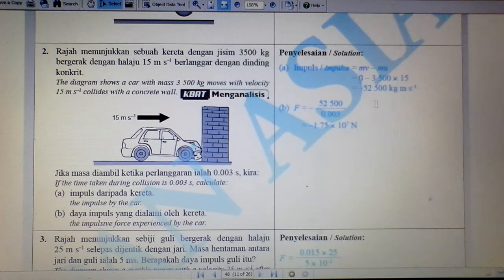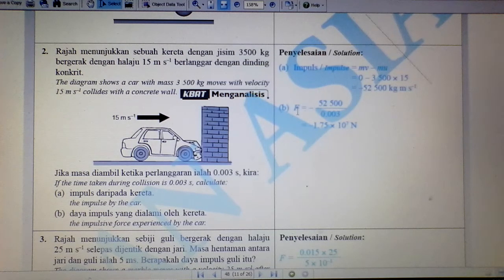Then the value is negative 52,500 kg meter second negative 1. So we get a negative value, meaning the direction of the impulse is to the left. If the diagram shows u is to the right, which you take as positive, you get a negative answer, meaning the direction of the impulse is to the left.